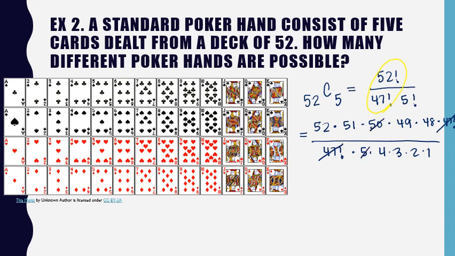Then I know 50 and 5, that's going to be 10. And then I could do 10 and 2, that's going to be 5. Then I'll just multiply the rest of this out in my calculator and divide by the bottom. And I'm going to get 2,598,960 different poker hands.